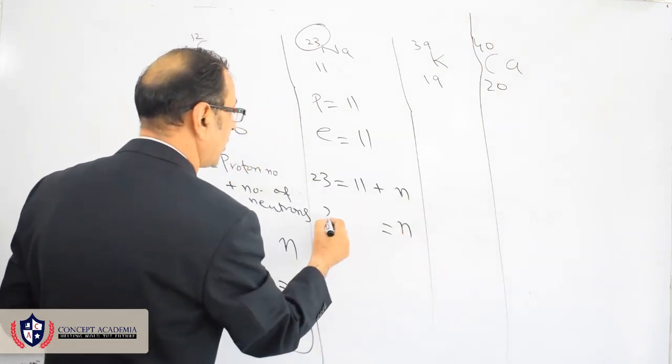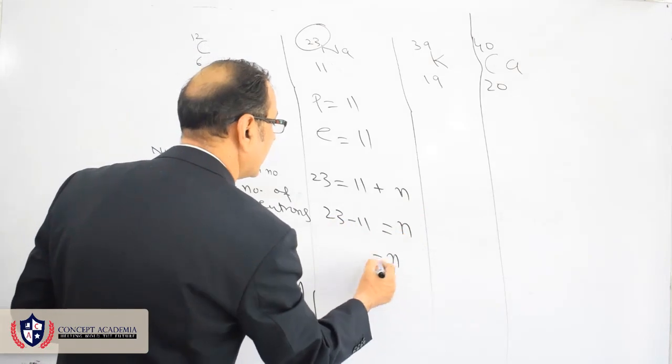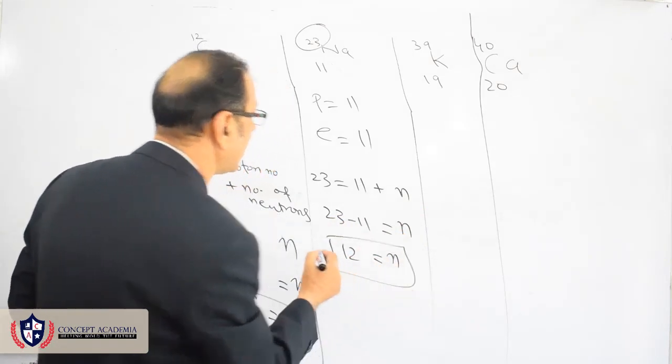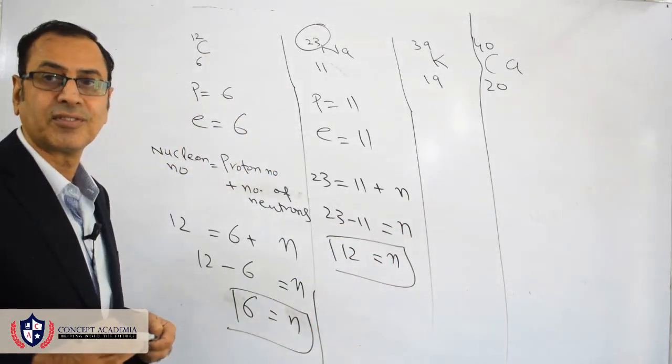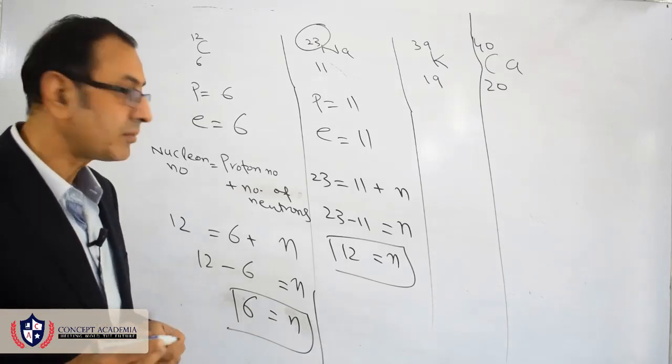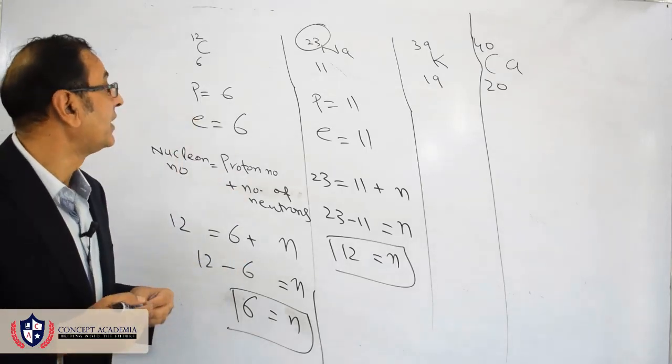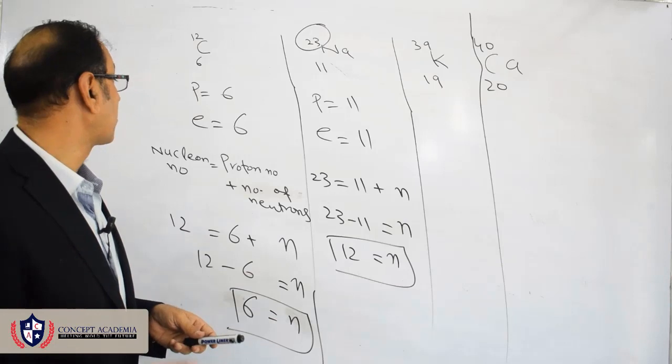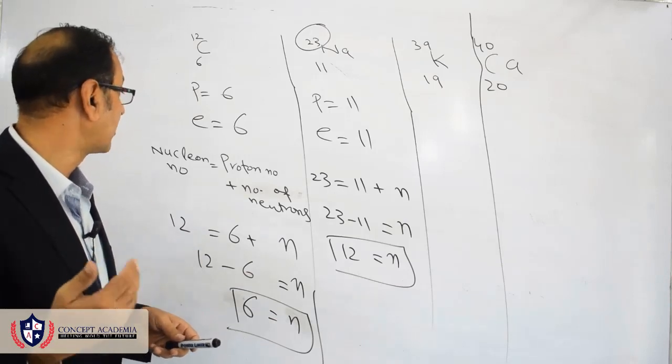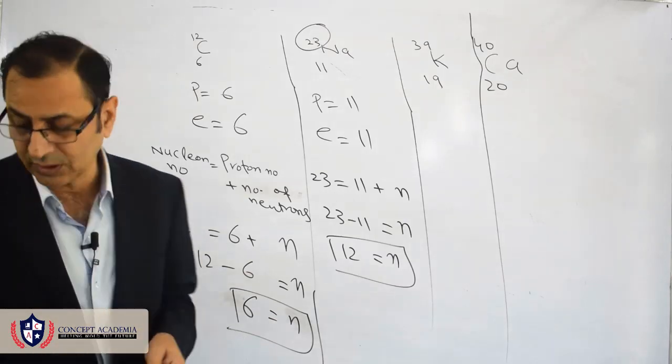The number of neutrons is 23 minus 11, and the number of neutrons is 12. So this is how we can find the number of protons, number of electrons, and number of neutrons.